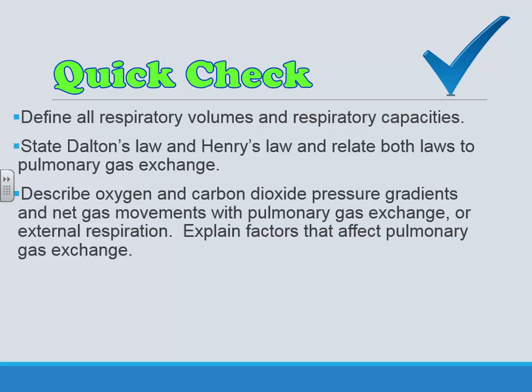And then finally, describe oxygen and carbon dioxide as far as partial pressures go, the gradients that exist, the net gas movement that occurs both in the lungs for gas exchange and then out in the systemic tissues. And then, what were the factors that affect pulmonary gas exchange.